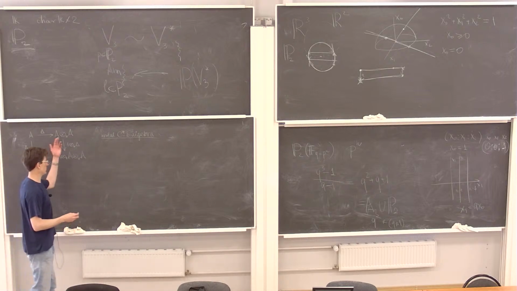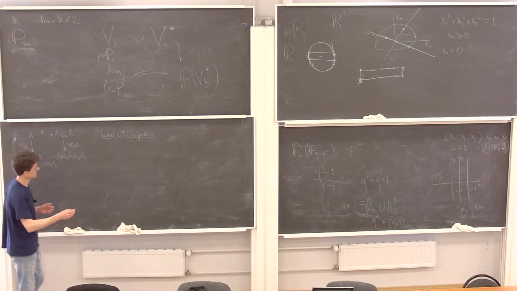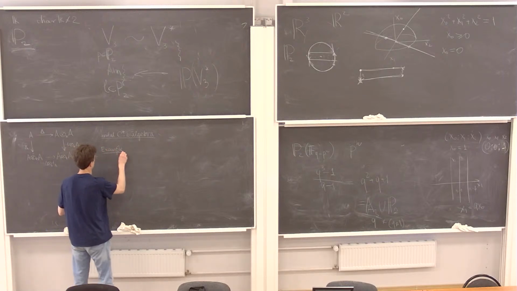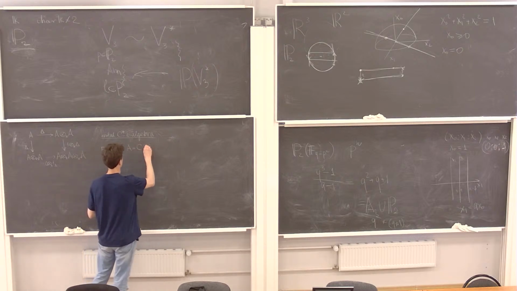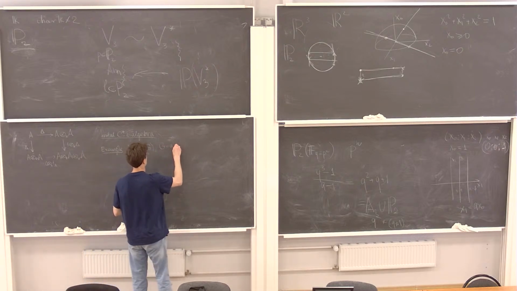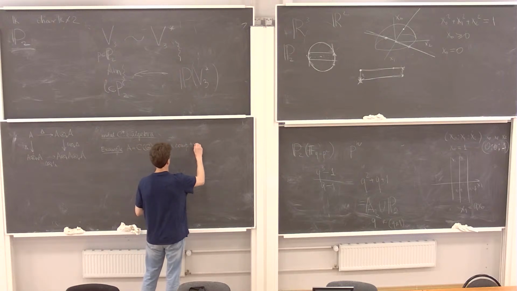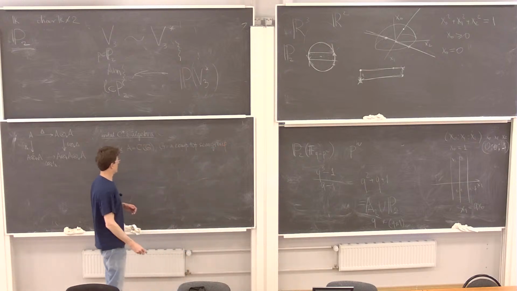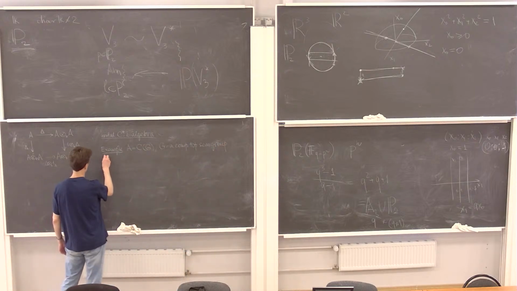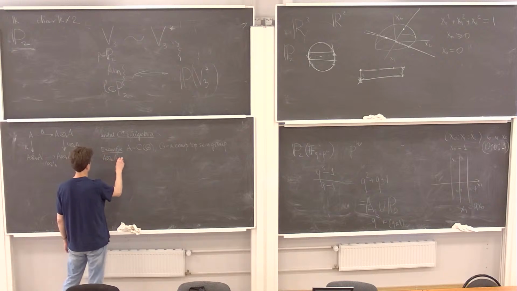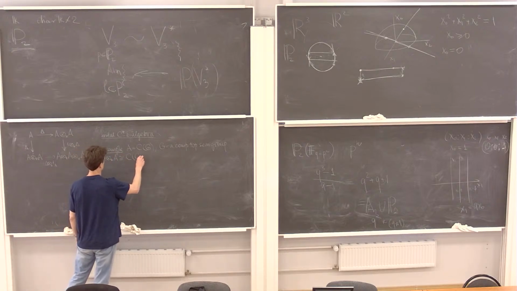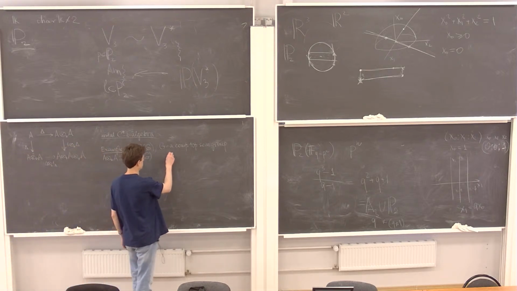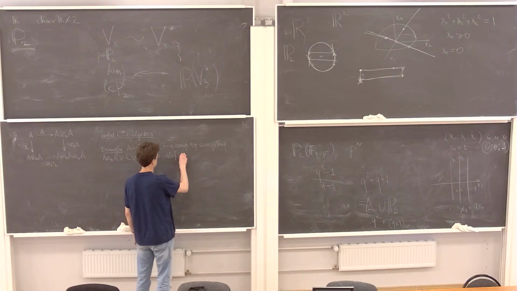A typical example which actually serves as a motivation for this notion is the algebra of continuous functions on a compact topological semigroup G. In this case, the tensor product of A by itself is isomorphic to the algebra of continuous functions on G cross G, and the co-multiplication delta is given by the following formula.